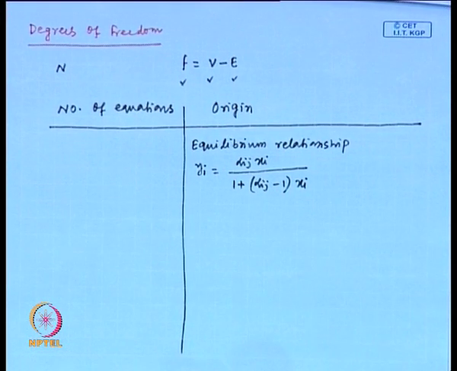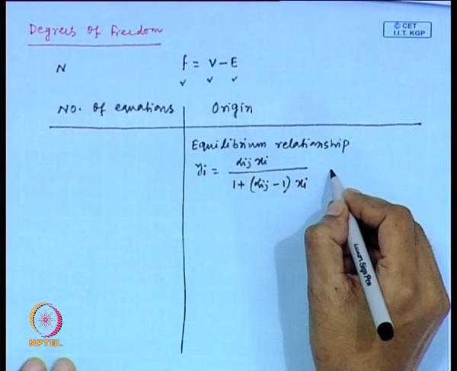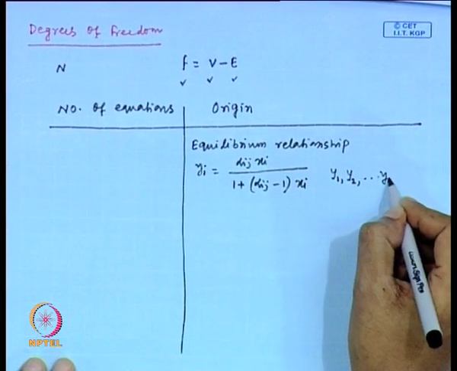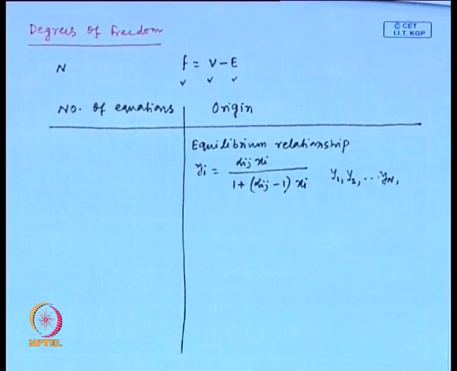Fine. So, how many y we need to calculate? How many y are involved in the distillation model? Y 1, y 2, y n, another y is involved, that is y b.